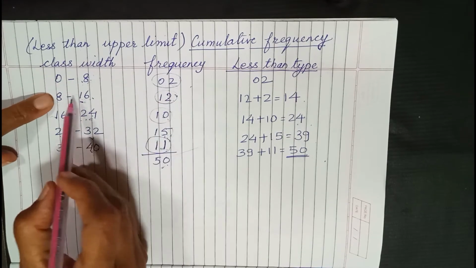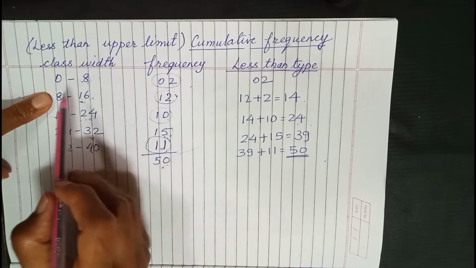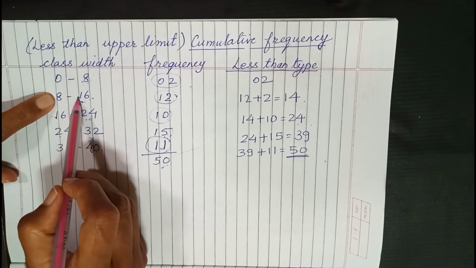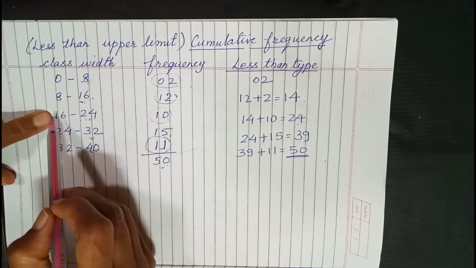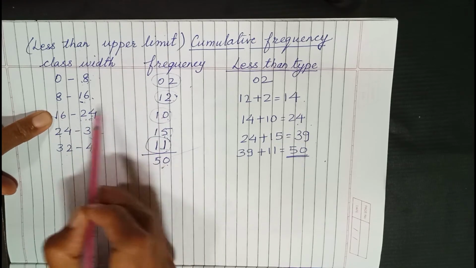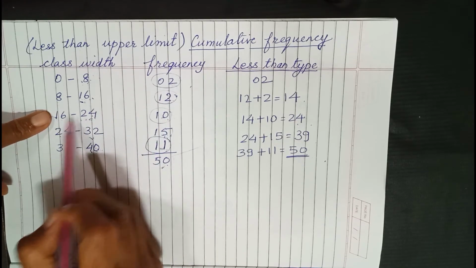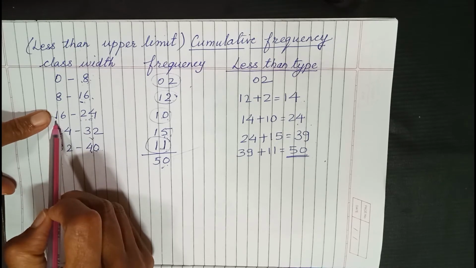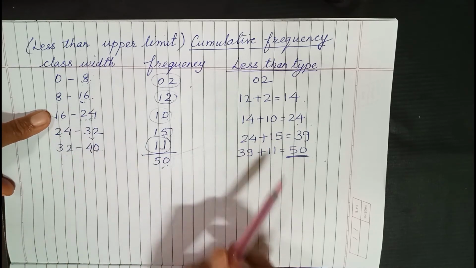The 12 frequency means the score must be from 8 to 15, and the 10 frequency means it must be from 16 to 23. That means these 10 scores are less than 24 but equal to or more than 16. So this is called the less than cumulative frequency.